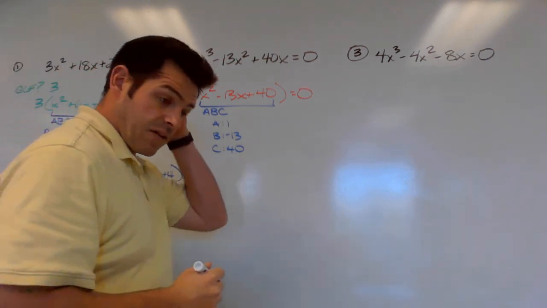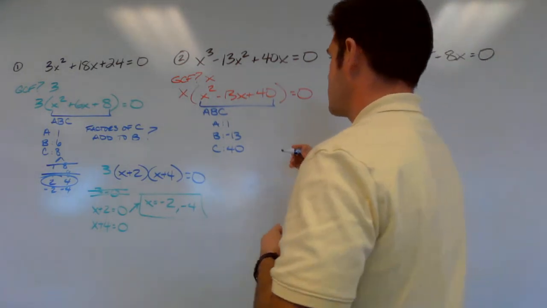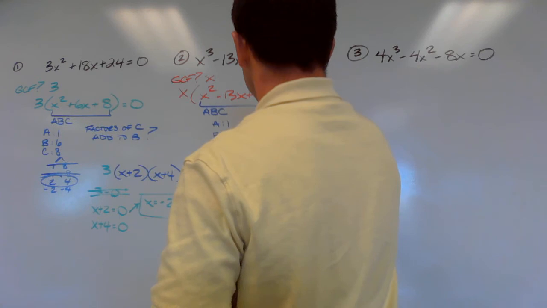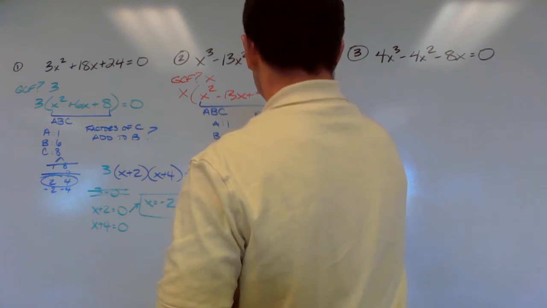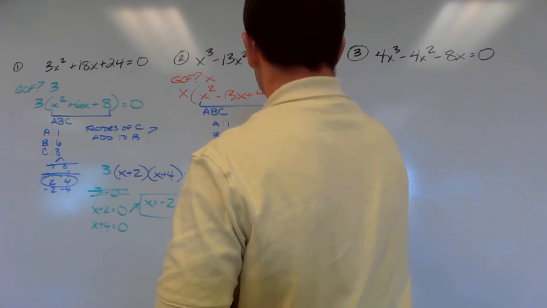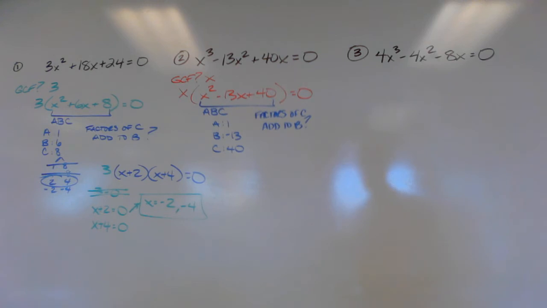So again, I need to figure out, are there factors of C that add to B? Factors of C that add to B. And maybe you're already kind of thinking this way, but our B value here is negative.